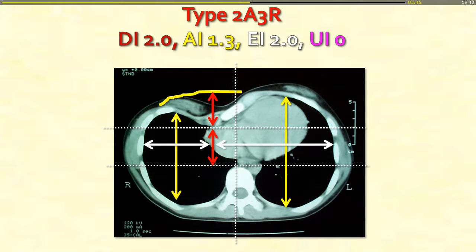And then the eccentricity index is 2.0, so the center of the depression is deviated somewhere. We can represent R or L to give the side. And the unbalance index is 0, so this is the same slope. So we can imagine the patient type and the degree of depression and other things by the numbers given here.